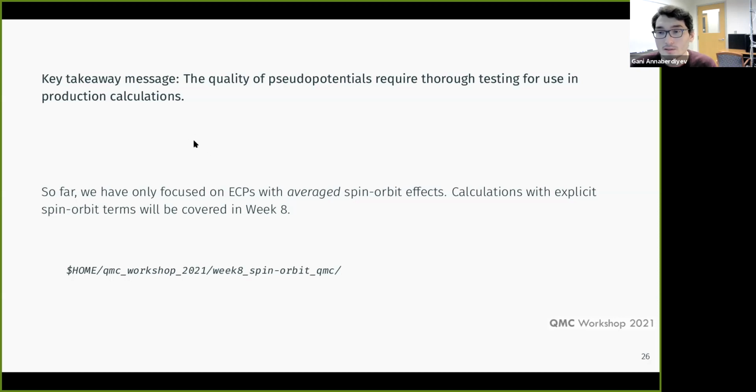I want to mention that so far I've only discussed averaged relativistic effective potentials. Calculations with explicit spin-orbit terms will be covered in week 8. Here in this directory, all the files will be found in this path. So that being said, that's all I have. And Paul, are there any questions in the chat?